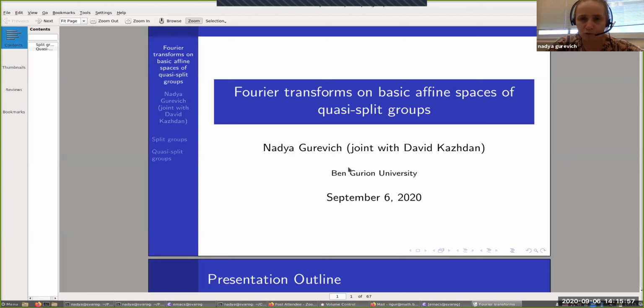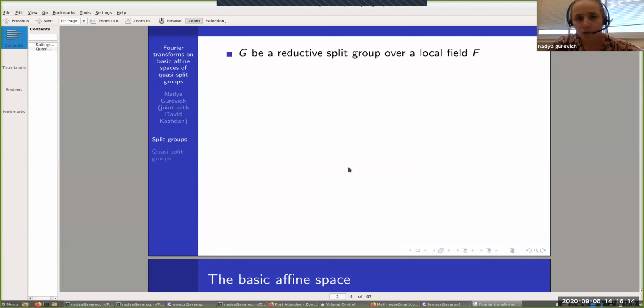The Fourier transform on basic affine spaces was considered by Gelfand and Graev in the '80s for split groups, so I had better start with the setting, because the Fourier transform has been generalized in so many different ways. So I'll start with a split group G, a split reductive group over a local field F. You can think of your favorite group, for example, the group of invertible n by n matrices, GL_n.